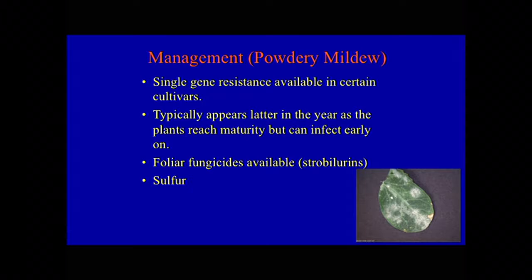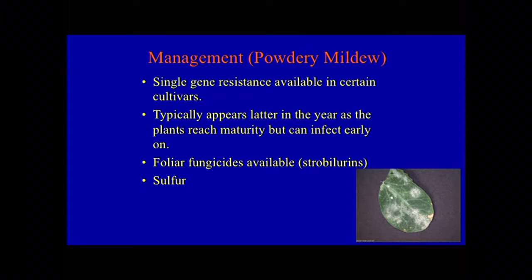One of the main times I saw powdery mildew in the Pacific Northwest was we had a frost in July that damaged the peas or stressed them out, and powdery mildew came in behind the stressed plants from that frost and caused a major epidemic in a field that I was looking at.